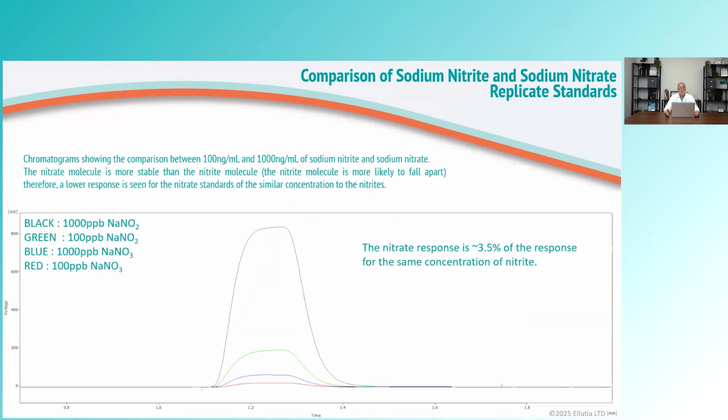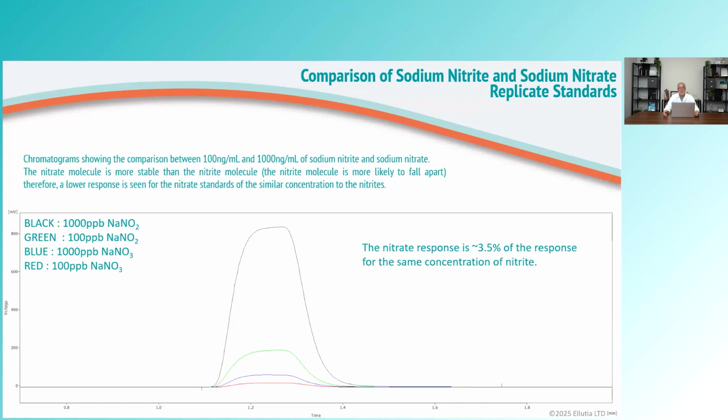Now, nitrites are also important to study as these are seen to be the main source for the nitrosating agents. Since the nitrate molecule is significantly more stable than the nitrite molecule, the TEA also gives a lower response for nitrates present.